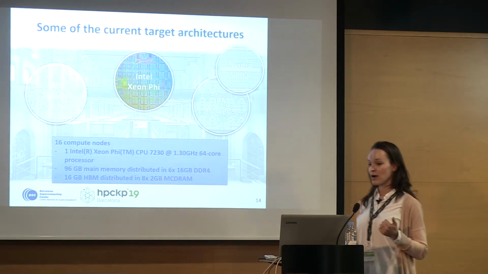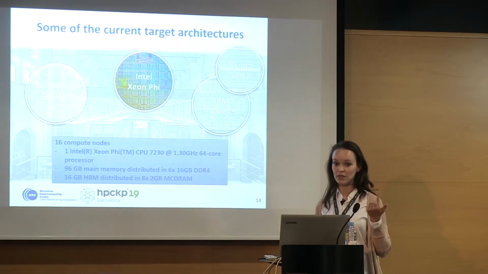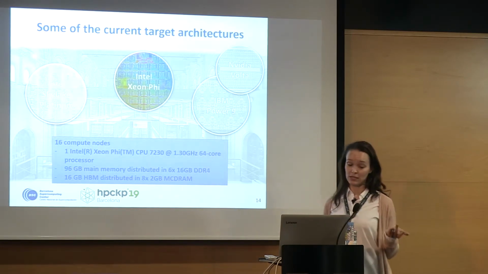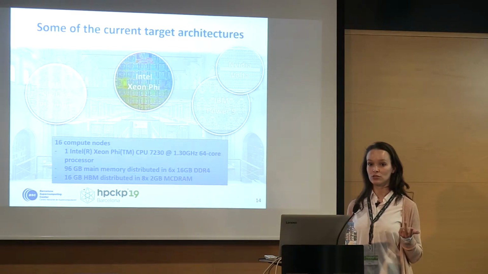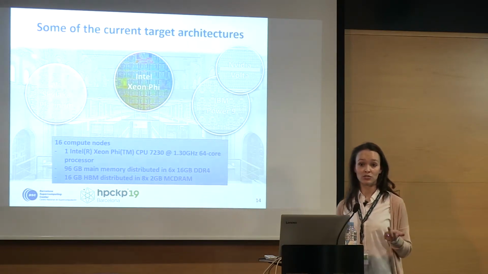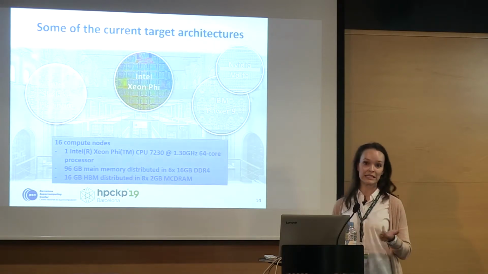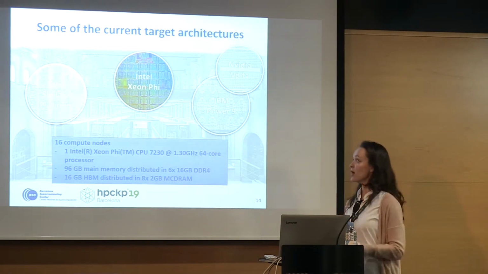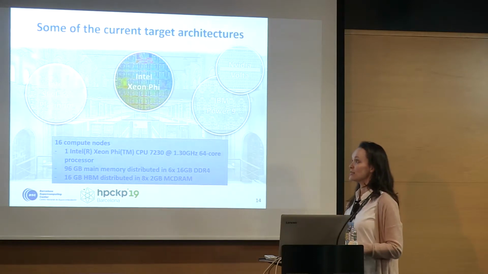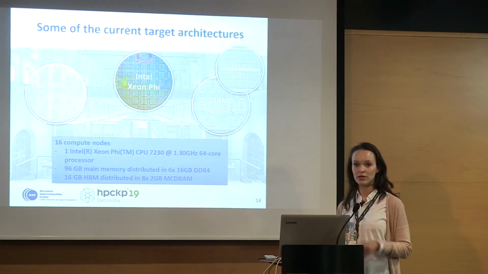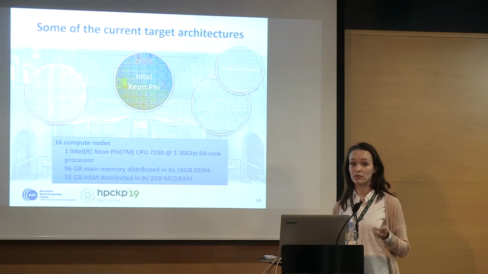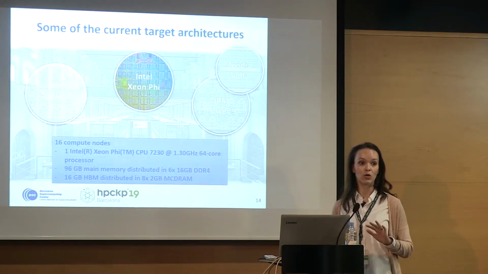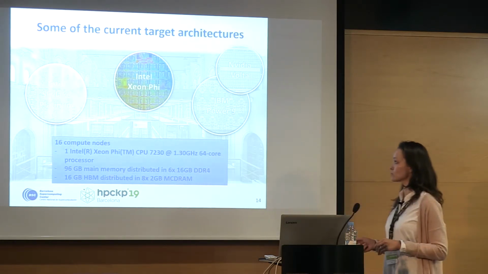Xeon Phis are cheaper and faster, and as they share the instruction set with the general purpose processor, you can move code easily from one to another. And we will see in some results that as they have really good on-chip memory, they provide really good results without too much effort.